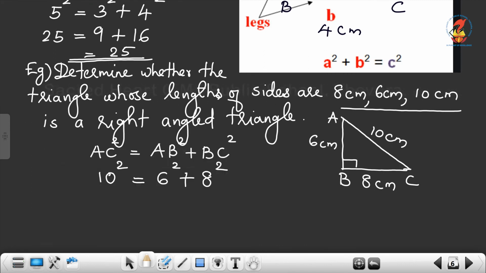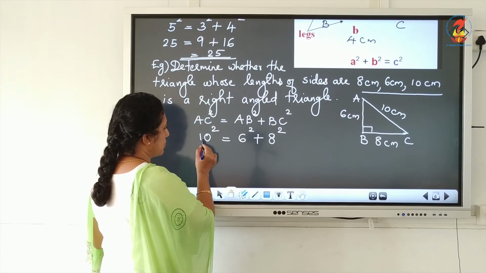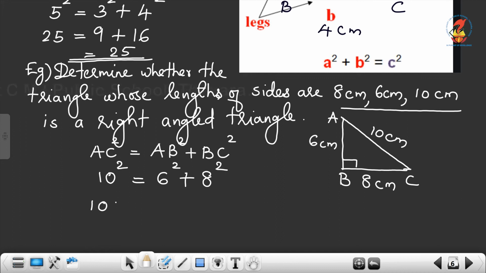Now 10 square, the square of a number is obtained by multiplying the number by itself. So 10 square means 10 into 10, which is equal to 100. So 100 is equal to 6 square. 6 square means 6 into 6, what is 6 into 6? 36, plus 8 square. 8 square means 8 into 8, 8 into 8 is 64.